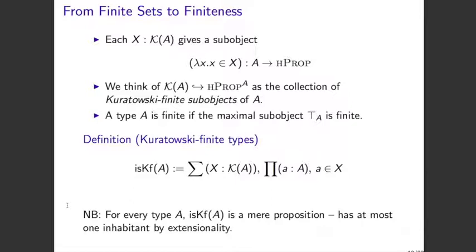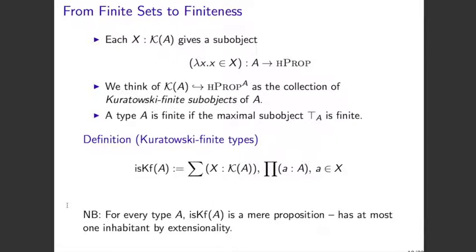The idea here is that we think of each finite set X with elements from type A as a certain subobject of A. Then K of A is a subcollection of subobjects of A, specifically the collection of Kuratowski finite subobjects of A. Then we can use the standard category theoretic definition of Kuratowski finiteness, that is, a type is Kuratowski finite if the maximal subobject of this type is finite, to arrive at the following definition.